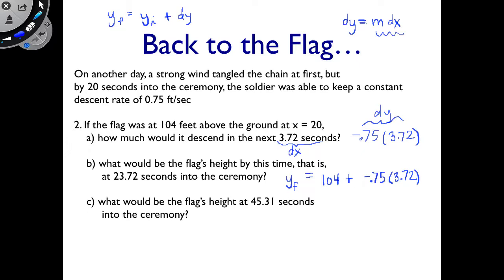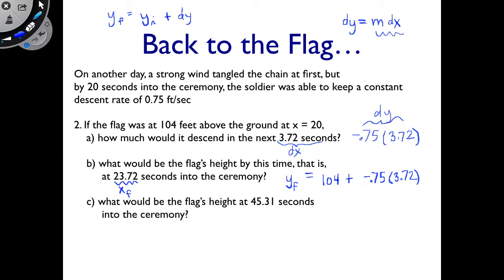All right, now what if I wanted to know part C? Yep, sorry. 23.72. This is my time at the end of the interval. So what would the flag height be by this time, 3.72 seconds later?